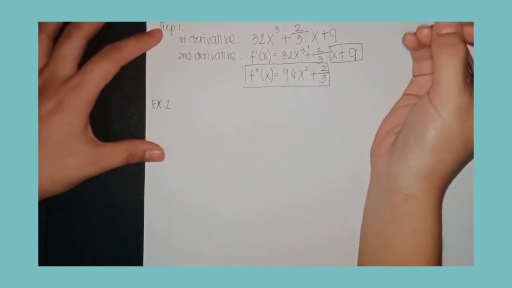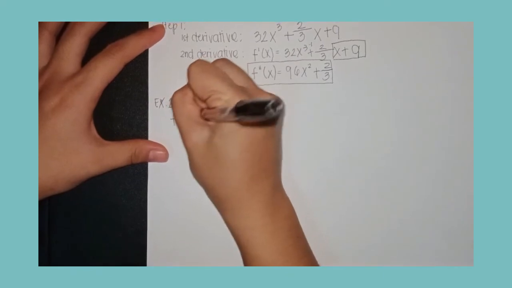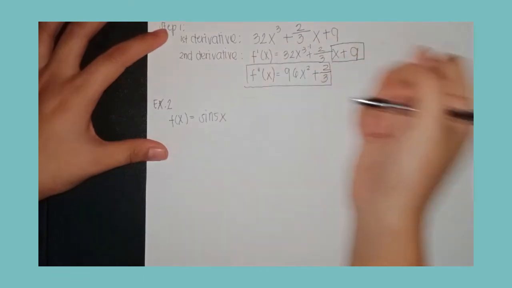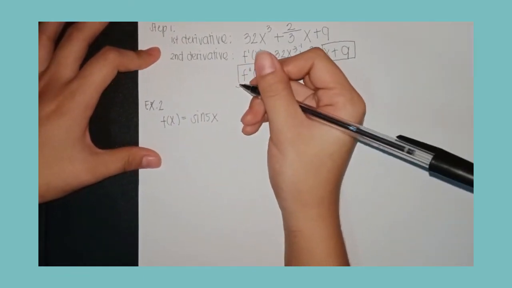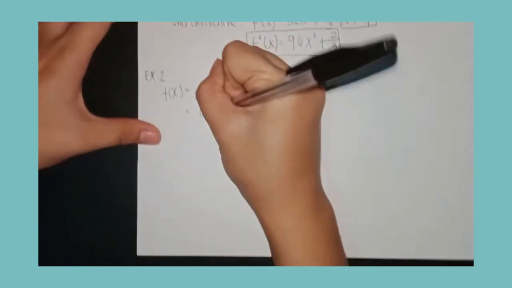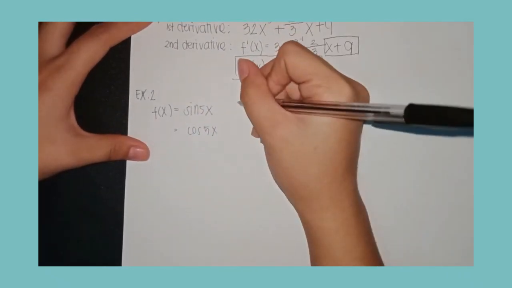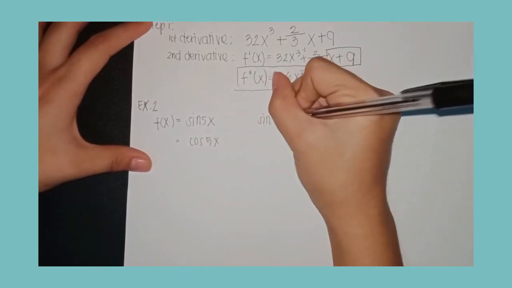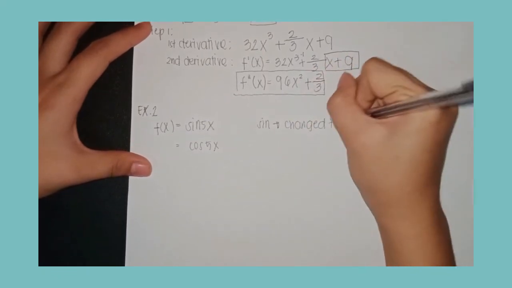The second example is f of x is equal to sine 5x. First thing you have to do is change sine to cosine and copy 5x, because according to the differentiation rule, sine should be changed to cosine.